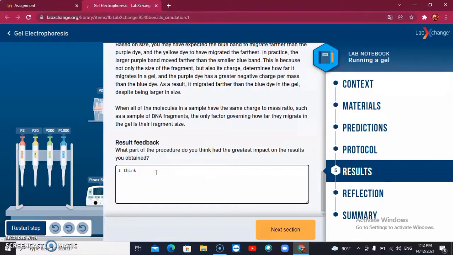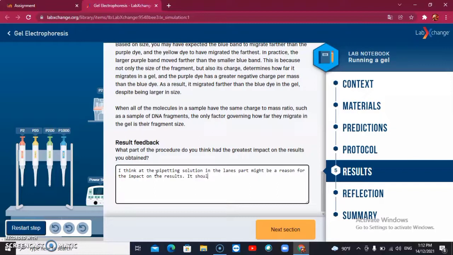I think the pipetting of the solution in the lens part might be a reason for the impact on the result.